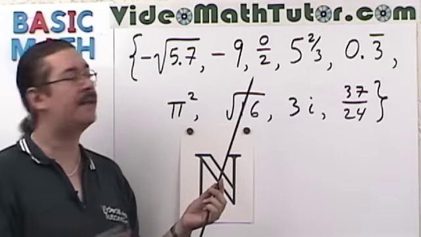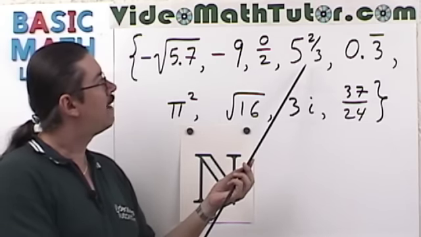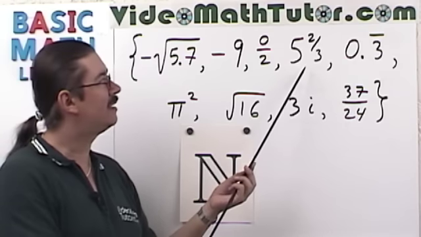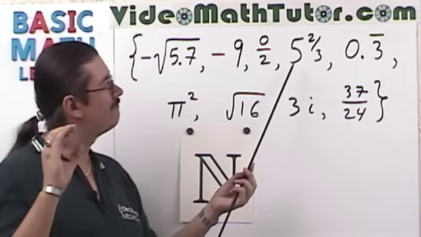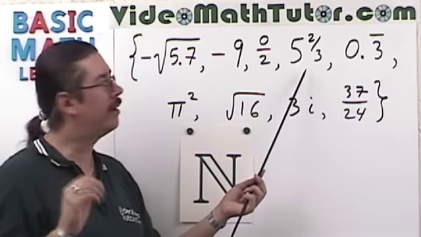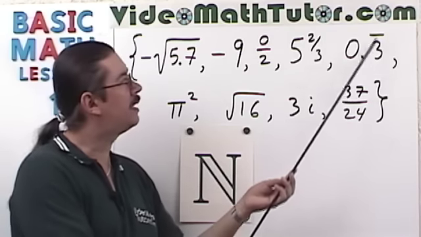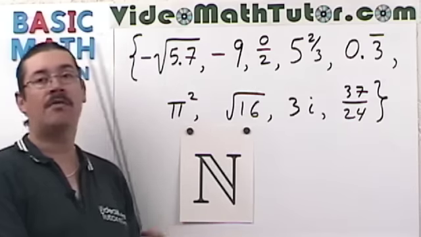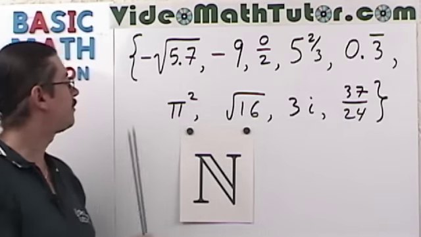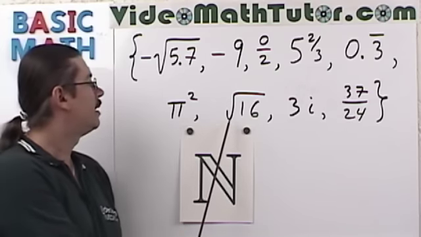In fact, I just talked about that, so 0 is not a natural number. 5 and 2/3, that's a mixed number. It's not entirely like a whole number that's not 0, so it won't work. What about this? Well, 0.3333 forever, that's what the little bar means, is really 1/3, and 1/3 is not a natural number. Pi squared is really not natural.